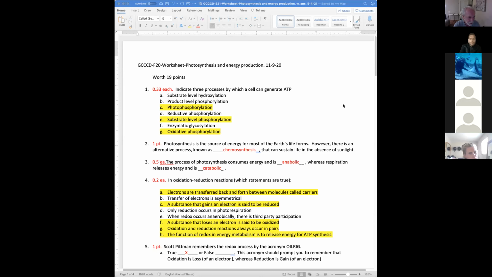Three processes by which a cell can generate ATP: photophosphorylation, substrate level, and oxidative phosphorylation. We're going to spend a lot of time today on the latter two, substrate level and oxidative phosphorylation, and see where and how they are involved in energy production.